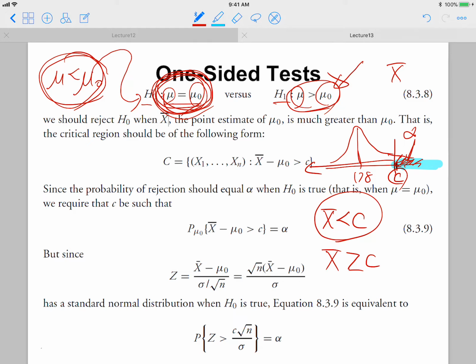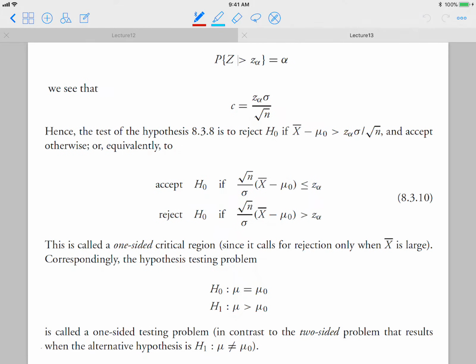Okay, so that way we see z of alpha instead of z of alpha over 2, right? So overall, we will accept when this is less than this value, and reject the null hypothesis when this equation is true.